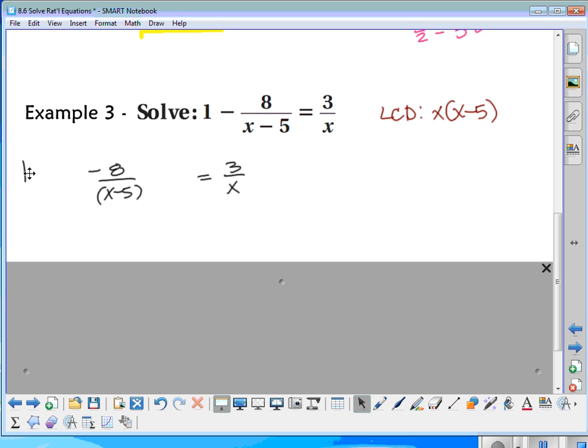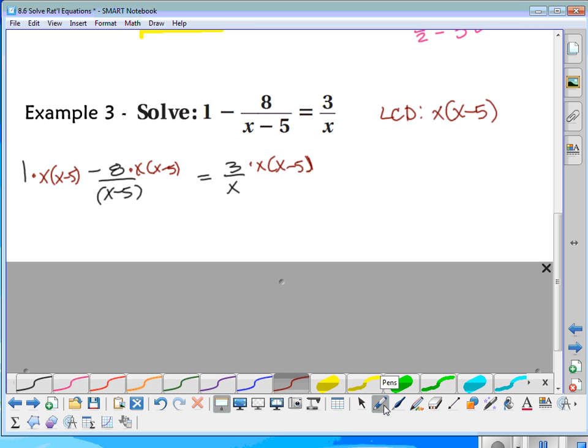So times x. I'm only multiplying the numerator because I want my denominator to cancel out and go away.